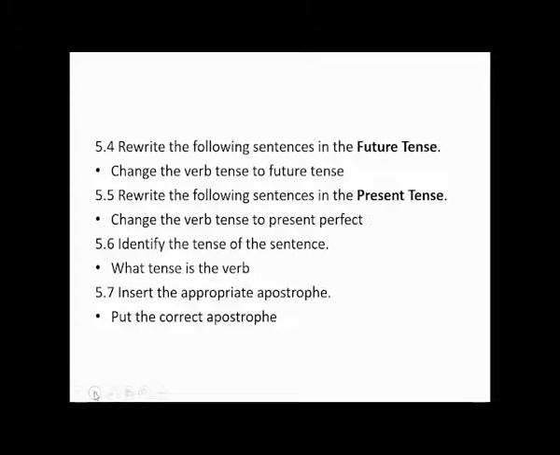Rewrite the following sentences to present tense. Change the verb tense to present tense. Identify the tense of the sentence. What tense is used on the verb? Insert the appropriate apostrophe. Put the apostrophe on the correct position.